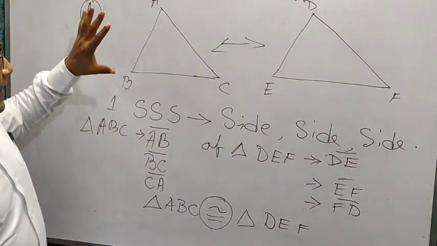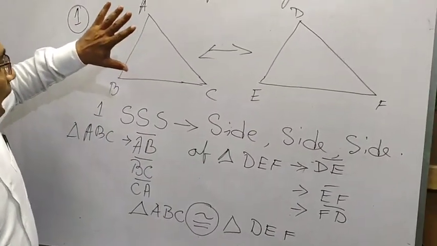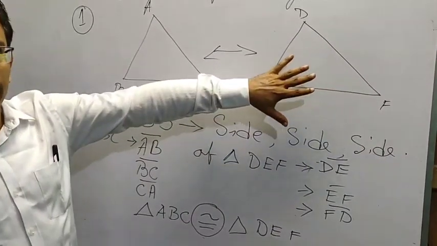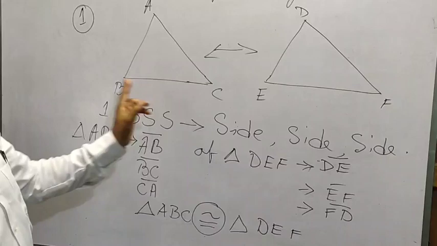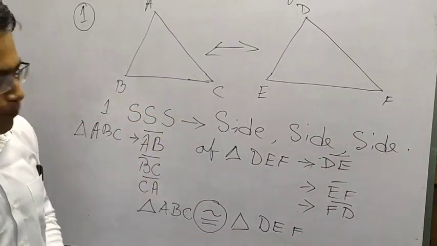So the three sides of this triangle are equal to the corresponding three sides of the other triangle DEF. In this case, the two triangles are congruent. This is the first congruence rule.